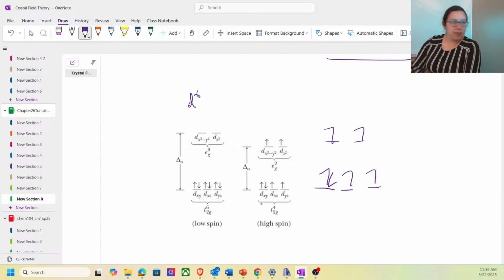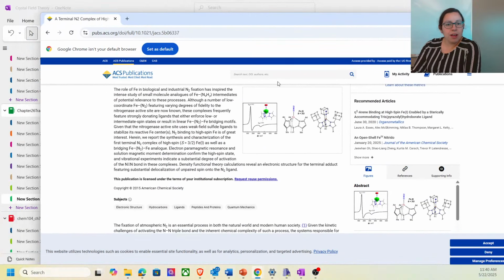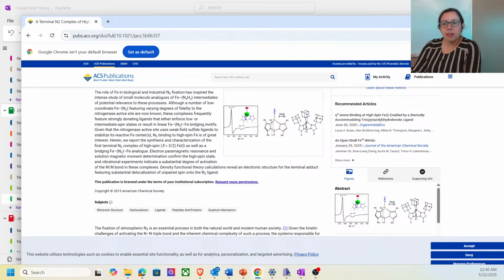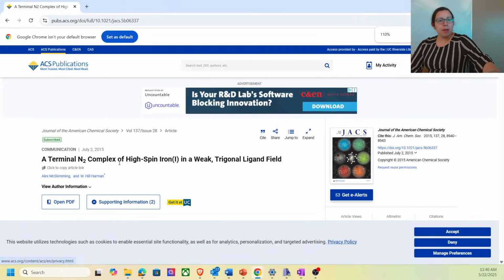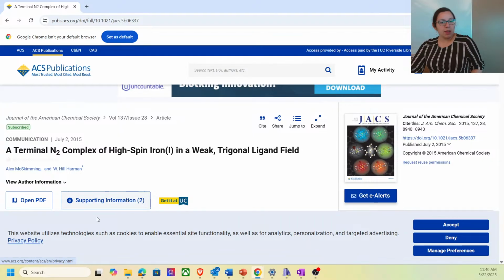And so that's something that's kind of exciting too for chemists, trying to make new compounds of high spin, low spin. Sorry, I lost the paper that I was going to show. Here it is. And so I just wanted to highlight this paper because this was a pretty cool paper, back in 2015 now, and it made JACS because of this being an unusual compound.